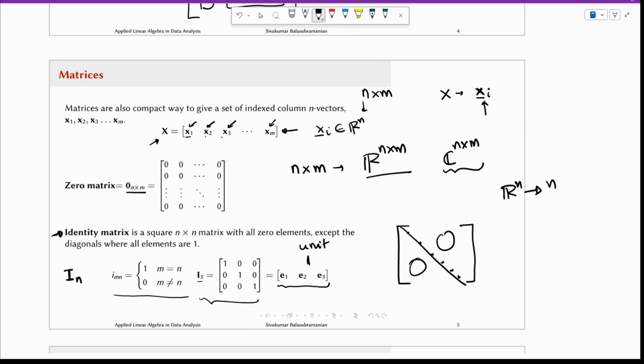So the identity matrix is nothing but a concatenation of all the unit vectors from your Rn space. In fact, the columns are unit vectors. If you look at the rows, they also look like unit vectors, except they are rotated by 90 degrees. The first element is 1, everything else is 0. Second element is 1, everything else is 0.